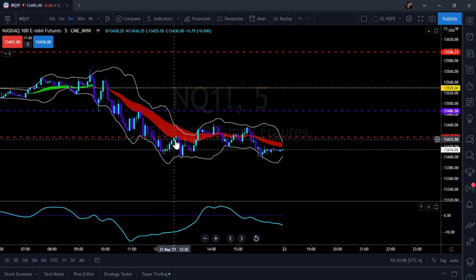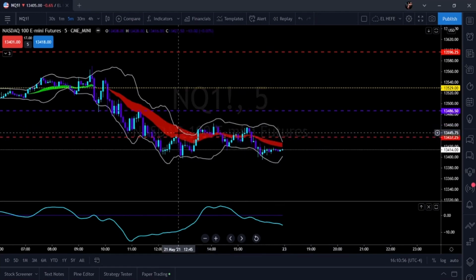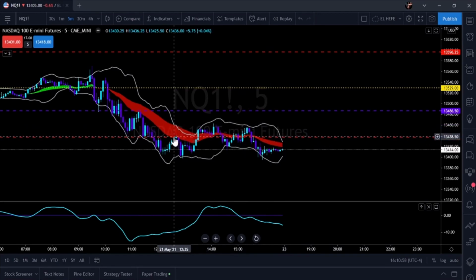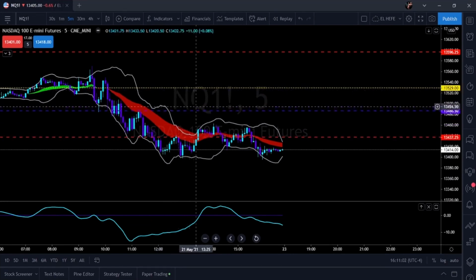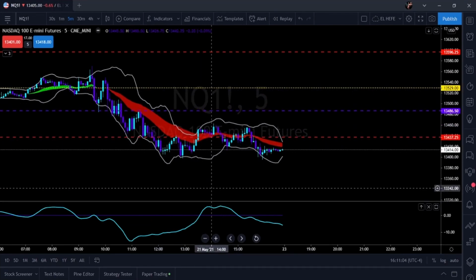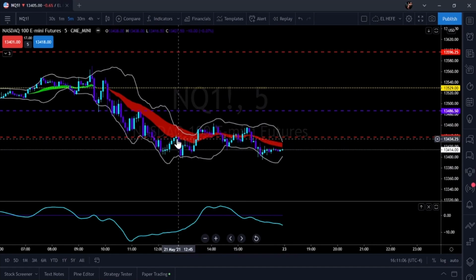You've got to have a lot of confluence to really want to take a trade off of that exact level. So 437.25, yeah, that's a level, but more so, this is just kind of an average. This just tells you where the mean is, and are we going away from it, or are we going back into it?